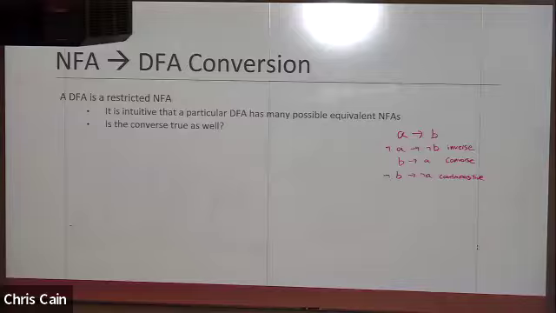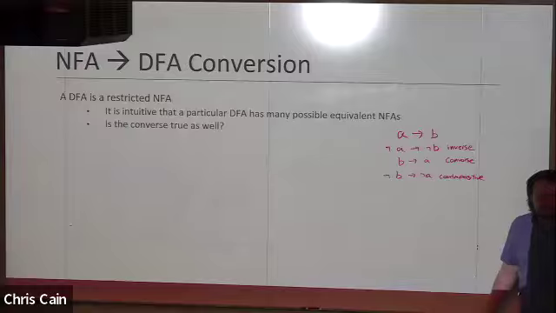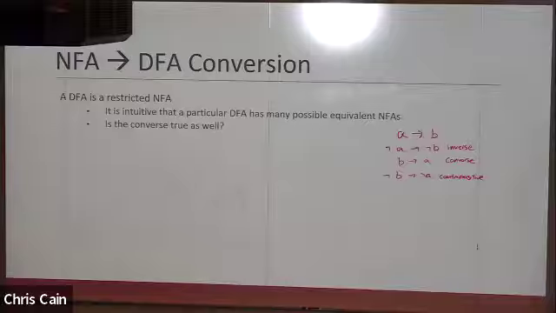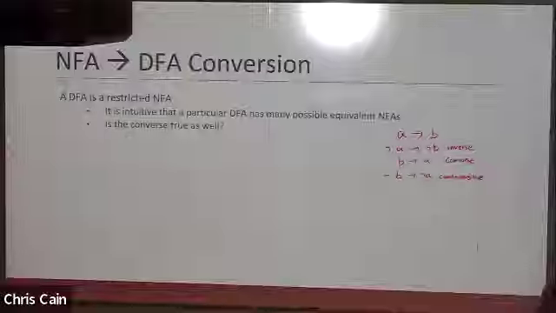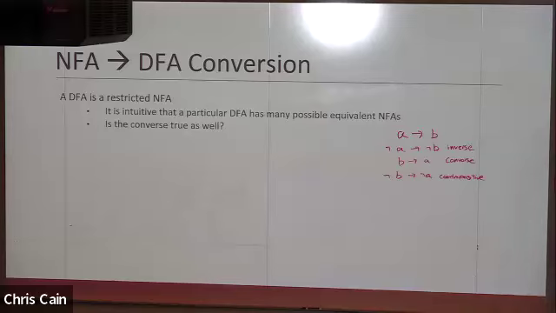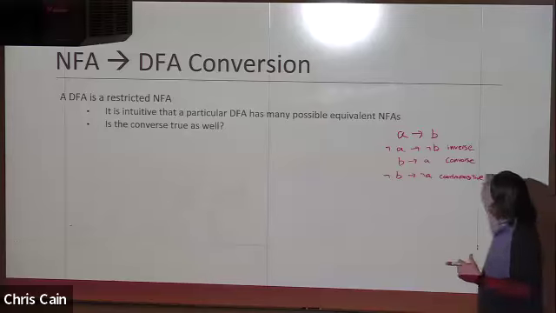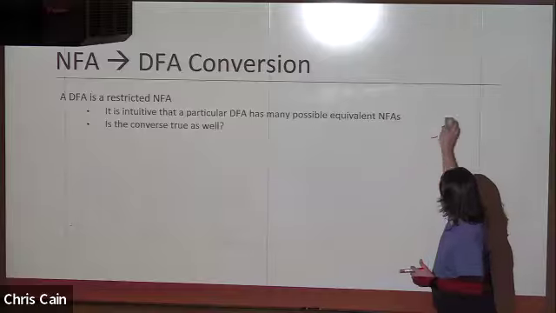Is that algorithm always going to conclude that there is an equivalent DFA? One vote for no. Anyone else? The answer is yes. There is always an equivalent DFA on the other side.